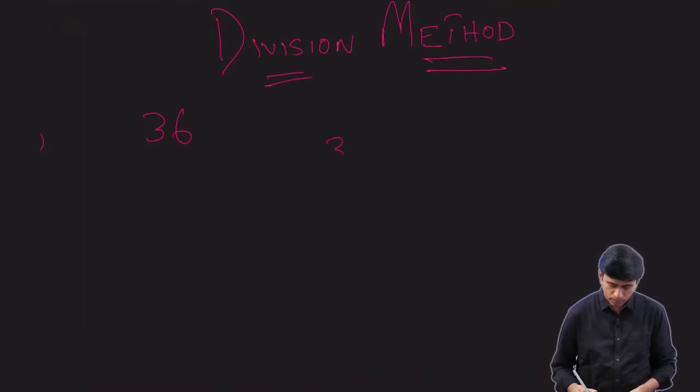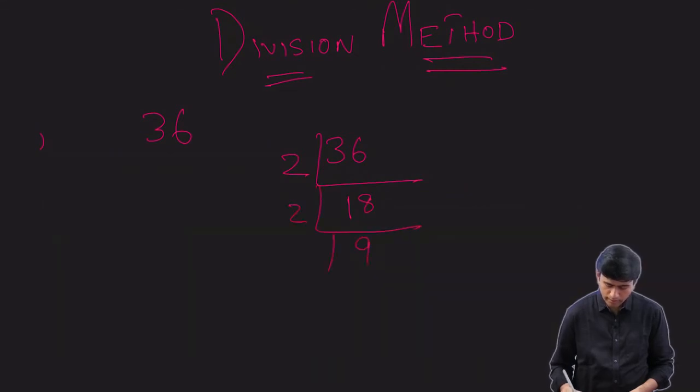If we divide 36 by 2, it becomes 18. 2 9s are 18. 3 3s are 9. 3 1s are 3. If you notice, you have to take the given number and divide it with prime numbers.